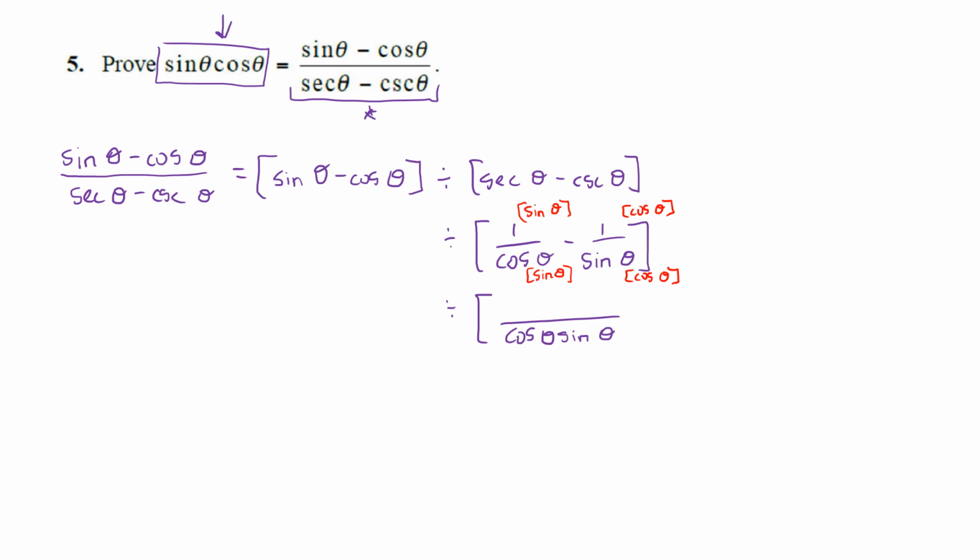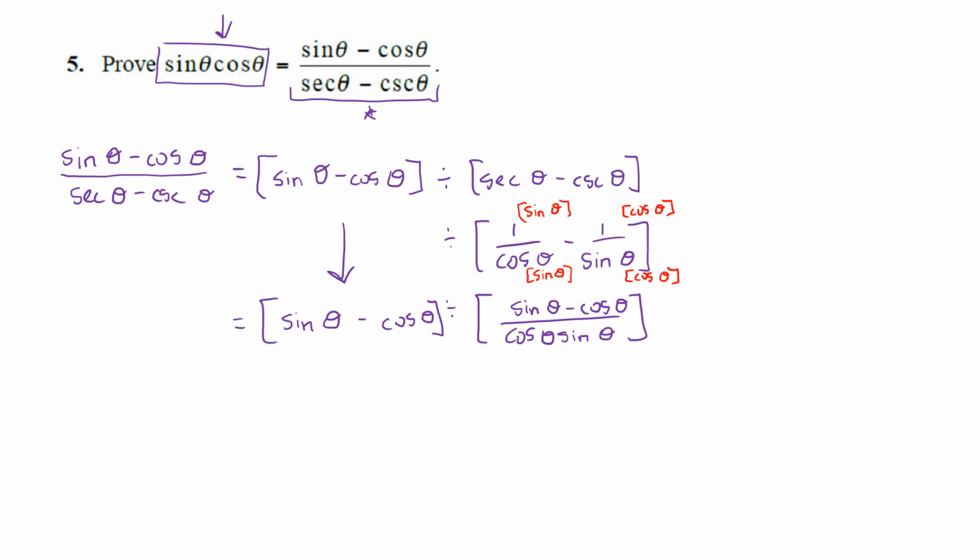Then in the numerator, I'll have sine theta minus cosine theta. Okay? So that will be the same. And then I still have my sine theta minus cosine theta over here on the left. That has not changed.